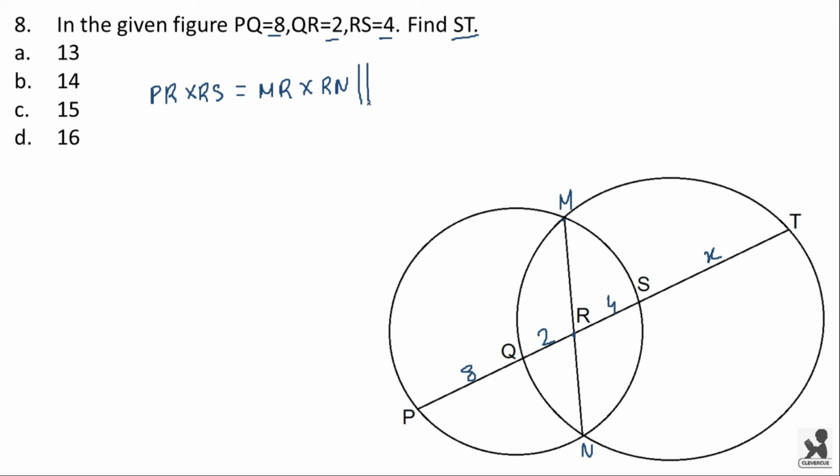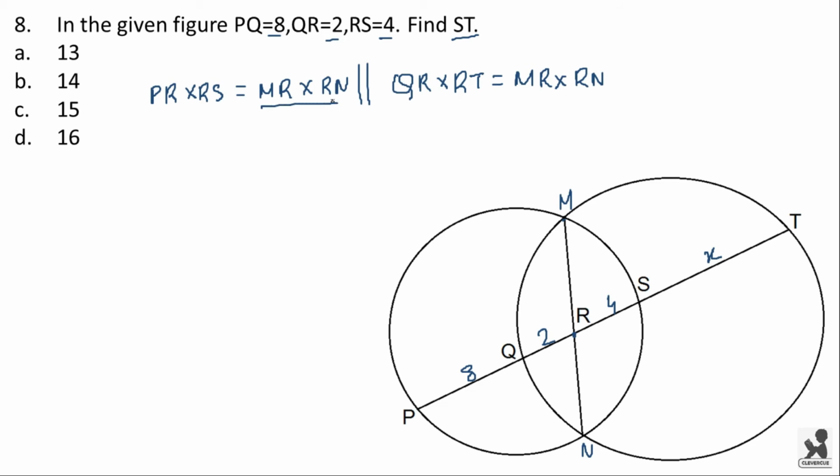Similarly, in the bigger circle, MN is the chord and QT is the chord, again intersecting at point R. So here also we can apply the intersecting chords theorem. QR into RT will be equal to MR into RN.